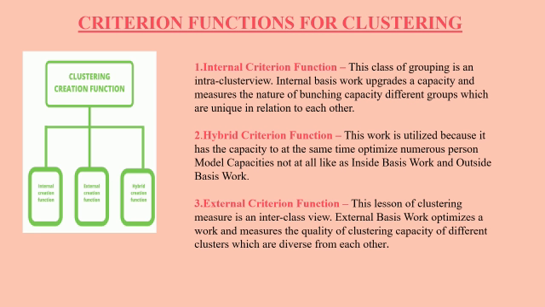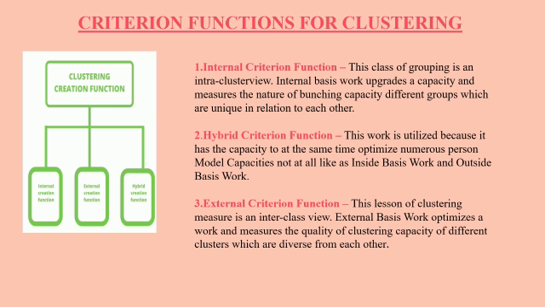The first is internal criterion functions. This class of clustering is an intra-cluster view. Internal criterion function optimizes a function and measures the quality of clustering of different groups which are unique in relation to each other. The second one is hybrid criterion functions.